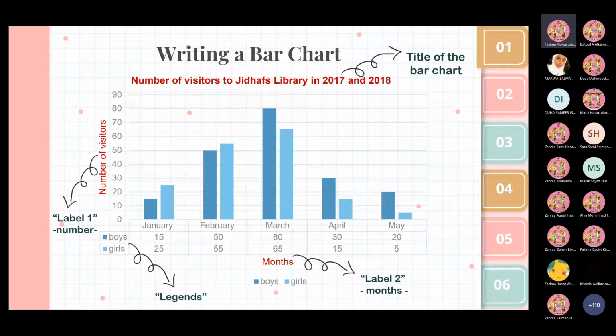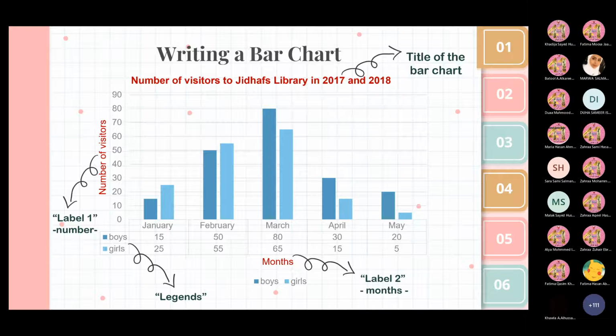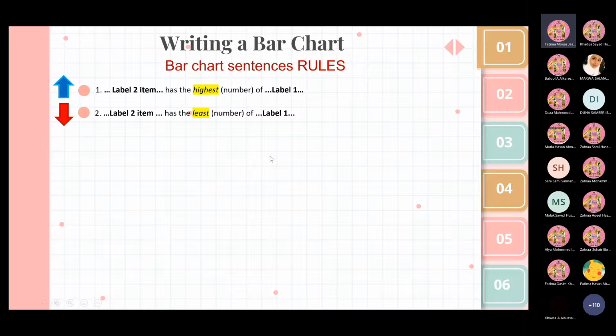Raise your hand. Khadija. May has the least number of visitors. Excellent, Khadija. Clap for her. Khadija says May has the least number of visitors.